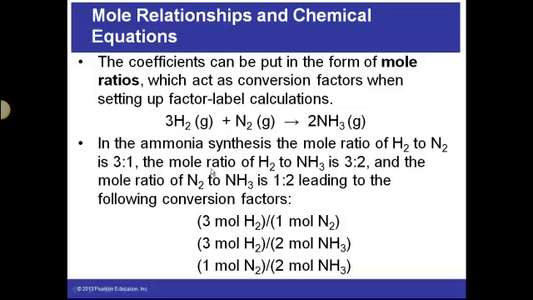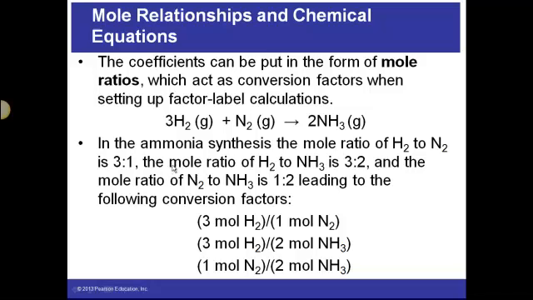So in the synthesis of ammonia, the mole ratio of hydrogen gas to nitrogen gas is 3 to 1, right? It's going to take 3 moles of hydrogen for every mole of nitrogen to make 2 moles of ammonia. So we can do molar ratios for any of the substances on the reactant side or between the reactant and product side.